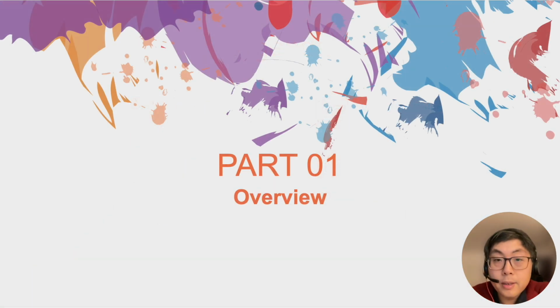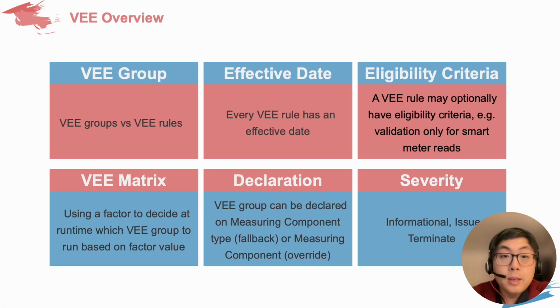So first part, let's look at what the VEE rule is. We talked about meter read in the last session. I think meter read is one of the most important processes in MDM, because meter data management is mainly around how the meter is validated, loaded.